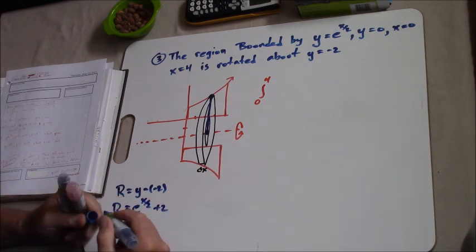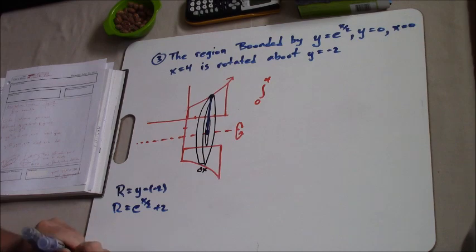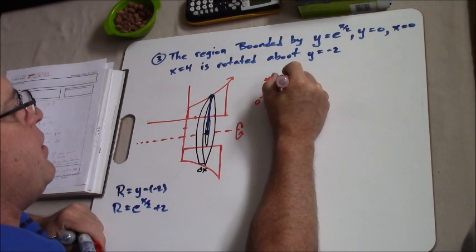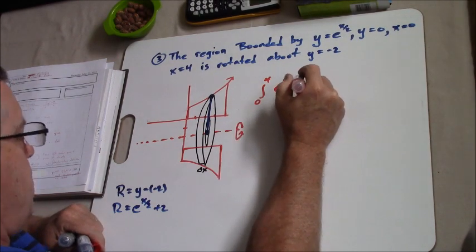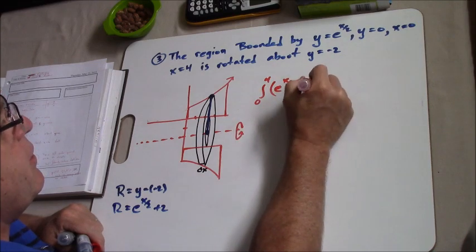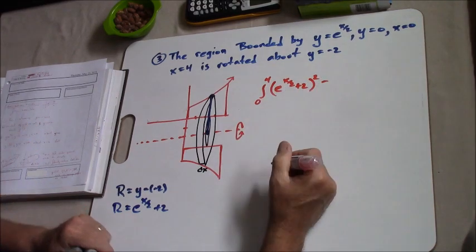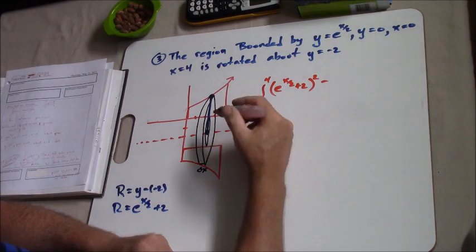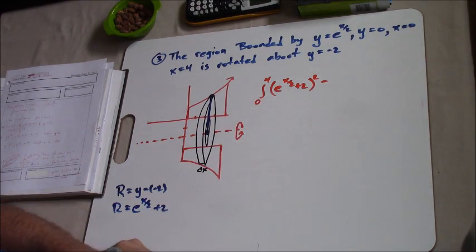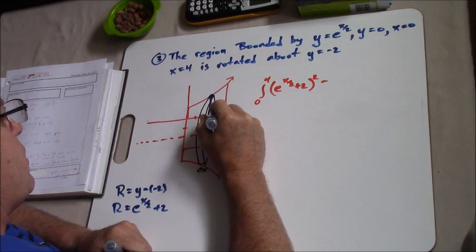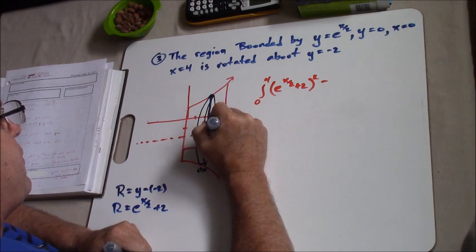Alright, so I want e to the x over 2 plus 2 squared minus the little radius squared. And so when you draw the small radius, it's always going to have the same value.